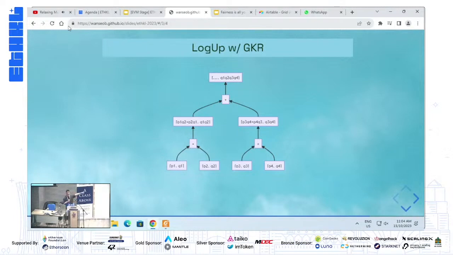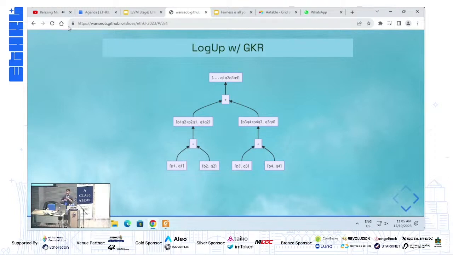What this means here is that there's a P1 and Q1, a notation to express P1 over Q1, and its parent node is the summation of its left child and the right child, and it can also be expressed as P1 Q2 plus P2 Q1, comma, Q1 Q2, and we can express all this relationship as simple polynomial identities using the GKR approach.